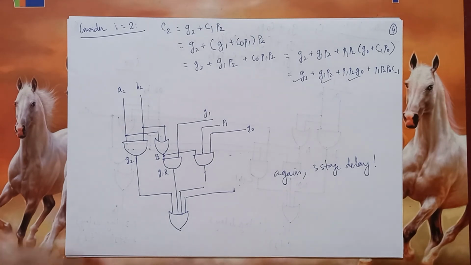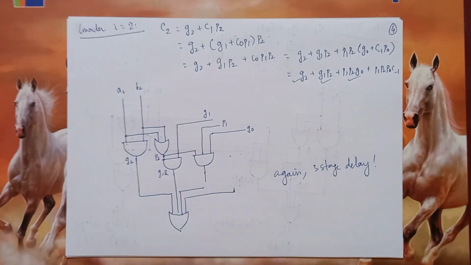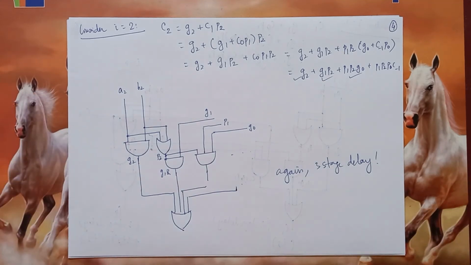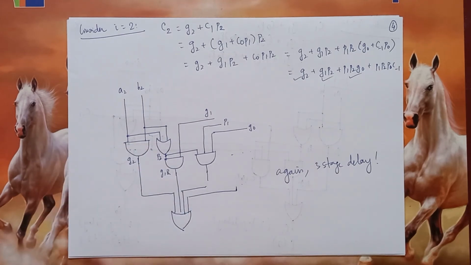So, what are we seeing? We are seeing that irrespective of the value of i, the number of delay stages remains pretty much the same.